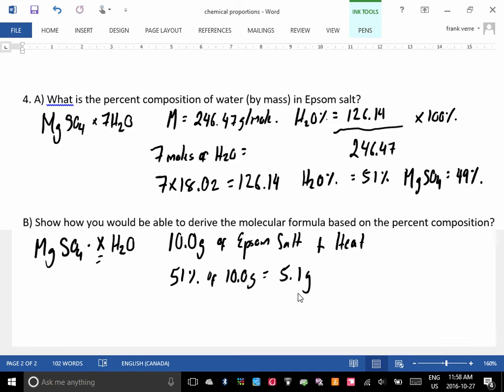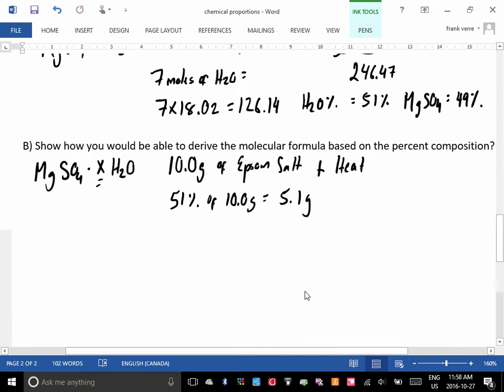So if you took your Epsom salt and heated it, assuming it was 100% efficient and all the water was removed, what would the Epsom salt's mass be after you were done heating it? Well, it would be 10 minus 5.1. And that would mean that the Epsom salt would have a mass of about 4.9 grams, correct?